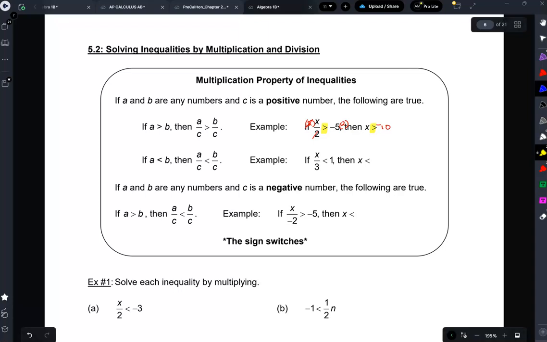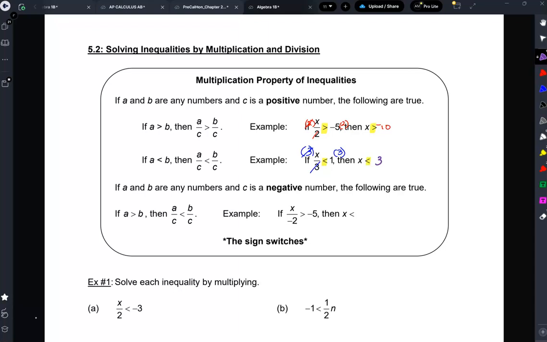So here, what am I going to multiply by to solve this one? Yeah. 3. 3 on both sides. Multiply by 3 on both sides. Then here I have x less than 1 times 3 is 3. Okay? Now, look at the first case.